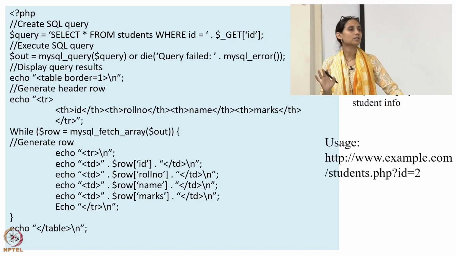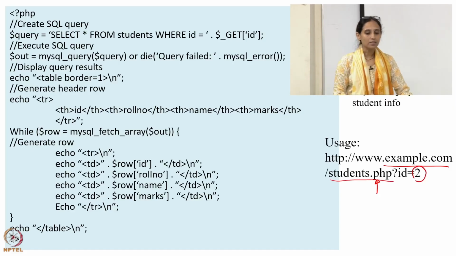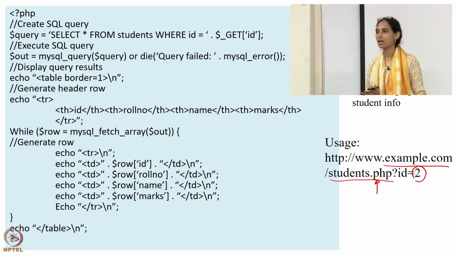This is a regular PHP script, where a client has basically in the browser typed this URL, where it is saying visit this host example.com, and within that server, invoke the students.php script and give it an input 2. That is what this is telling, and this is the specific script that is running on the server.